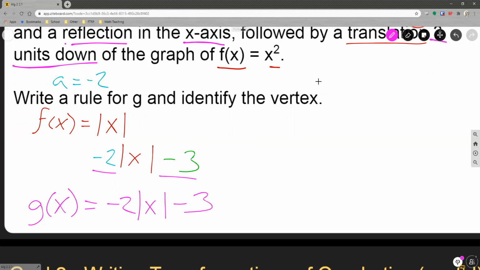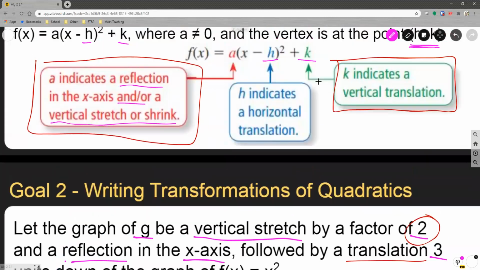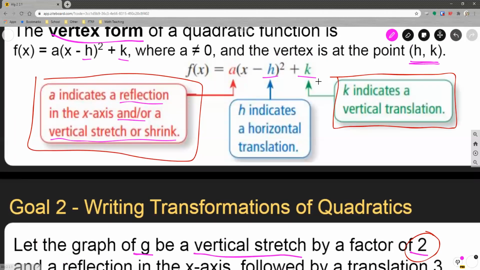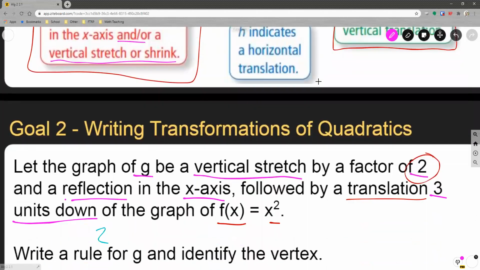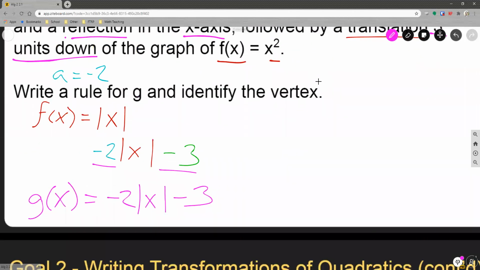And then if I want to identify the vertex, all I need to do is go back and think about this format. f of x equals a times x minus h squared plus k. I'll write it over here again. Or f of x equals a times x minus, I'm doing absolute value.